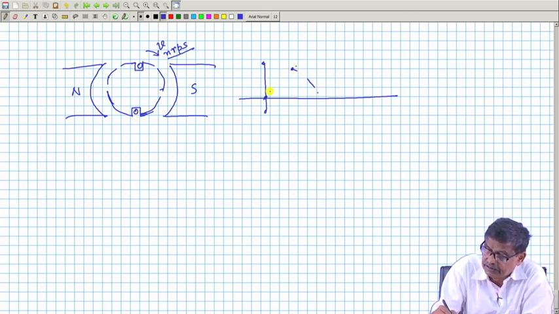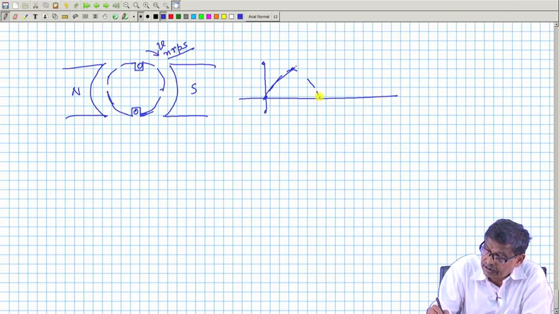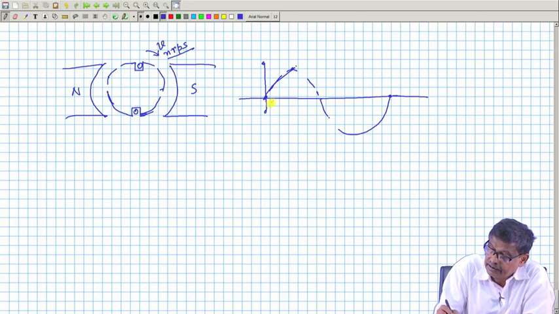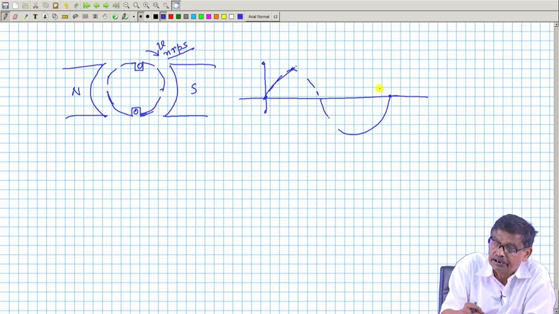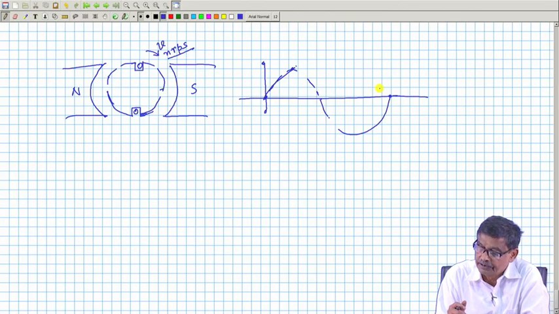It will have a peak and back to 0 here. Then when this conductor makes a complete rotation of 360-degree mechanical, you will get one cycle of EMF generated across the coil. AC voltage will be generated, BLV.